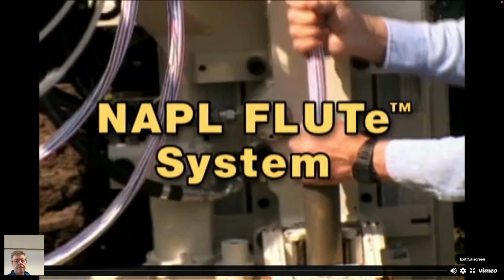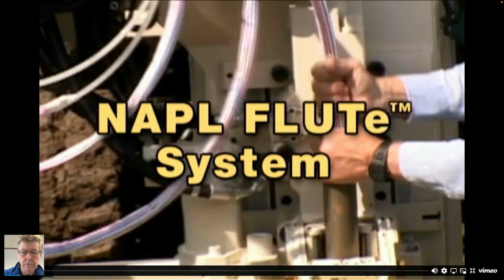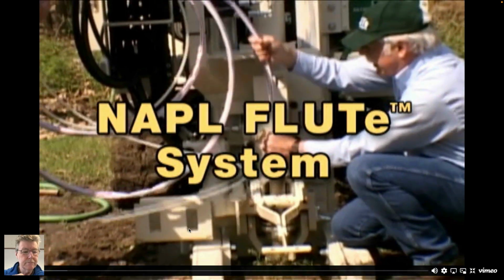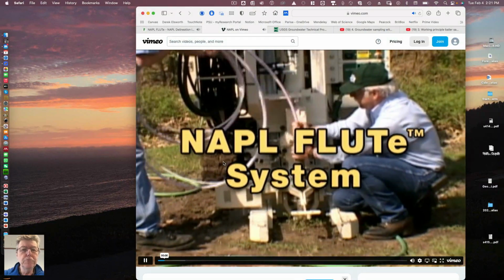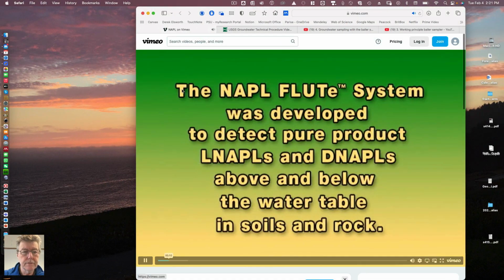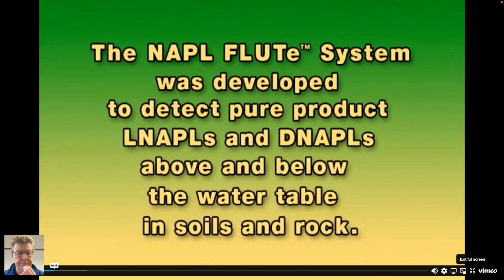Water is injected into the liner as the rods are pulled, causing the liner to dilate against the hole wall. This is a short description of the NAPL pure product detection by flexible liner stain. The liner is inverted out to detect pure product, LNAPLs and DNAPLs above and below the water table in soils and rock.